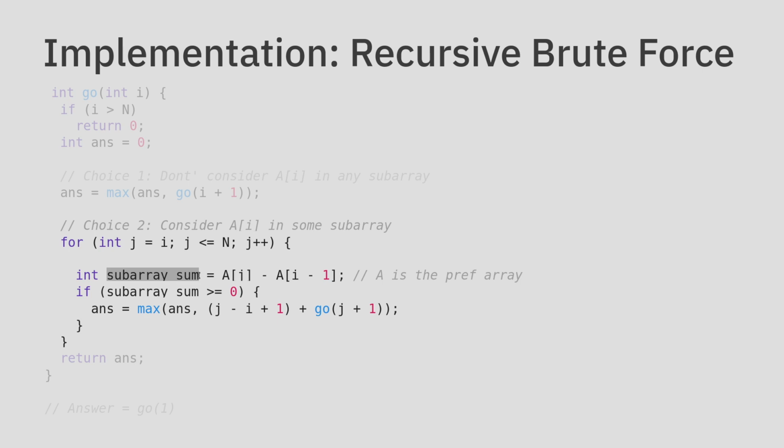We are going over all the possible j's in the range I to n, and for all of them we are going to maximize our answer. j minus I plus 1 is the length of the subarray that we are considering. And if we stop the subarray at j, we need to move to the next index j plus 1. This is how we are considering the two choices for each index I, and I've also written down the base conditions, and the answer will be returned from this function.